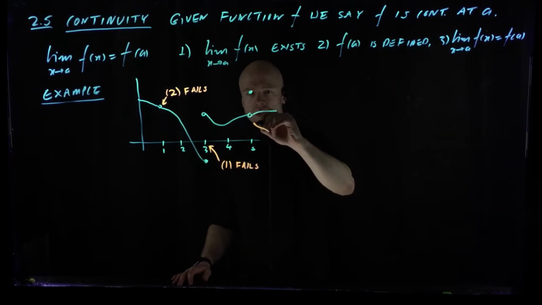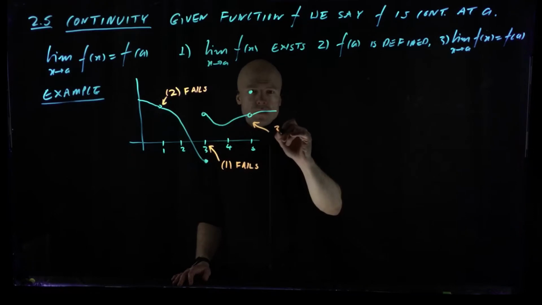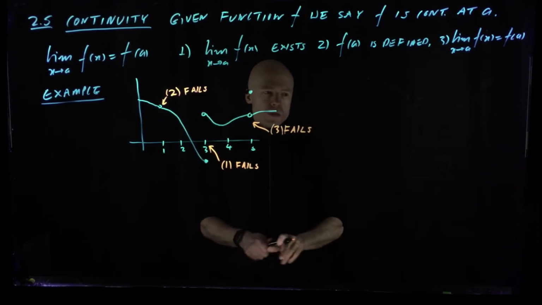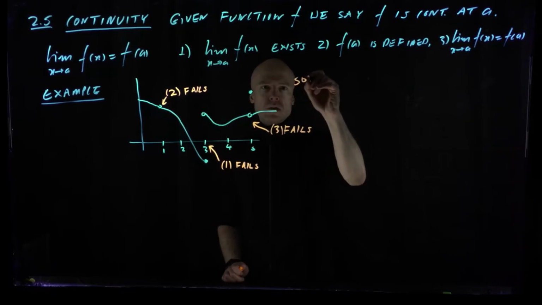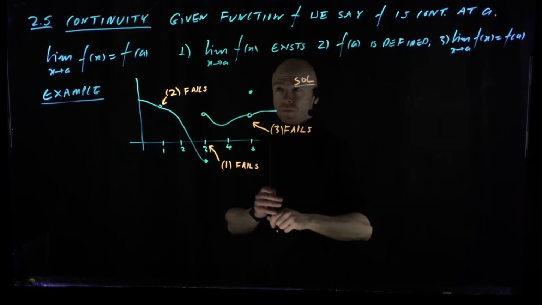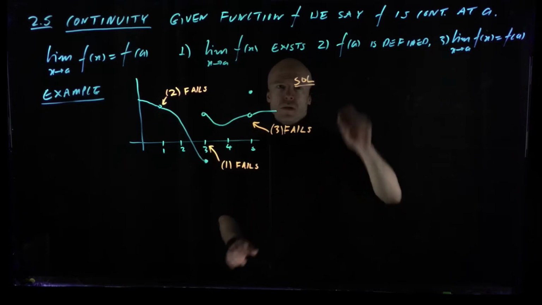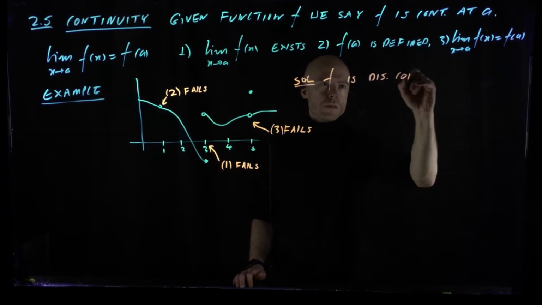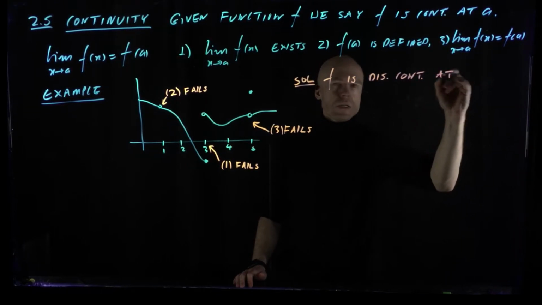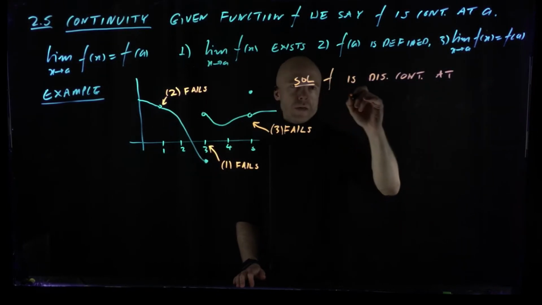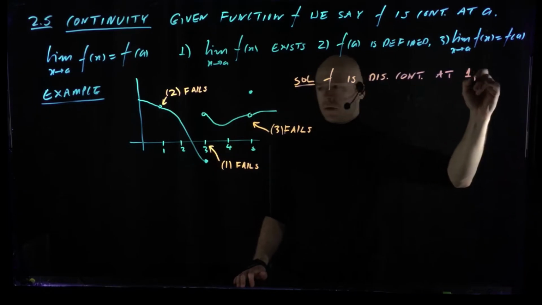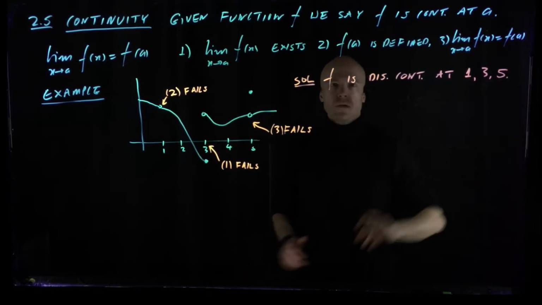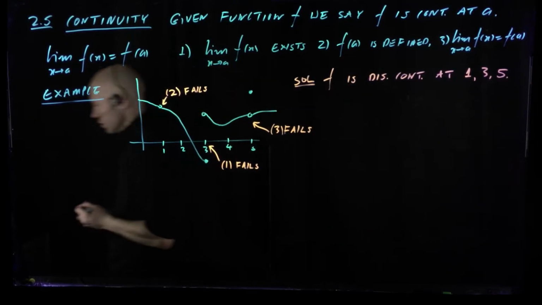So here, 3 fails. So the solution is that f is discontinuous at the following 3 values: at 1, at 3, and at 5. Okay? Cool.